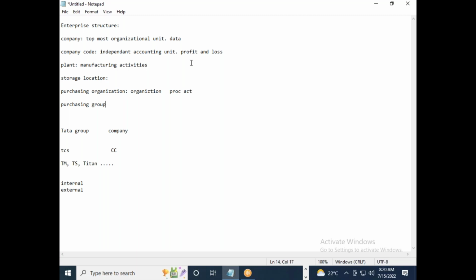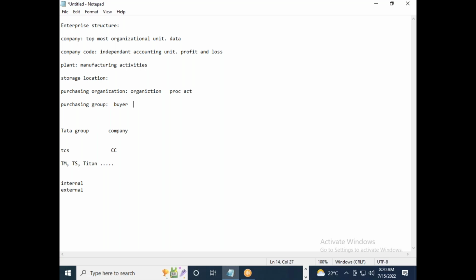Okay, fine. Now, what is the meaning of a purchasing group? A purchasing group consists of a single buyer, or it consists of some group of buyers. A buyer is a single person.